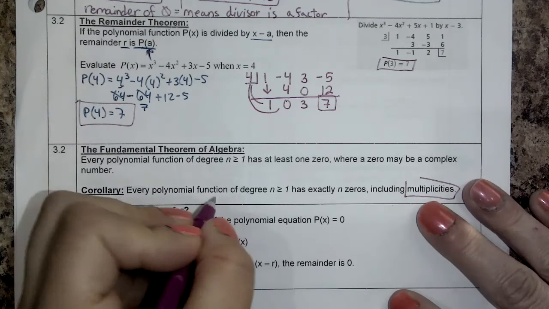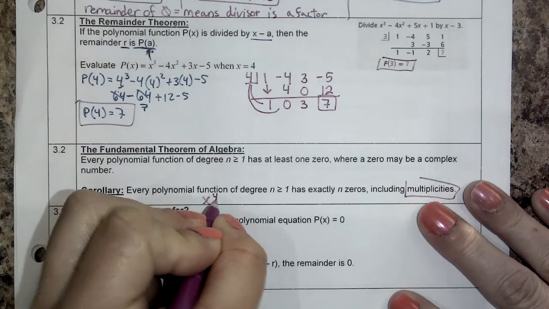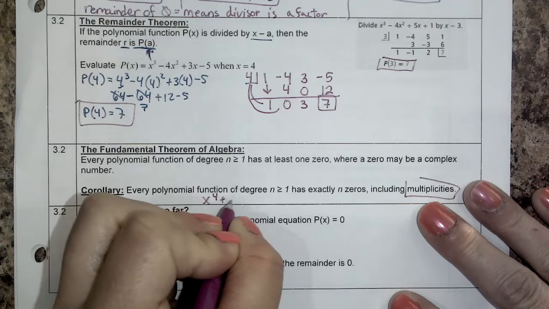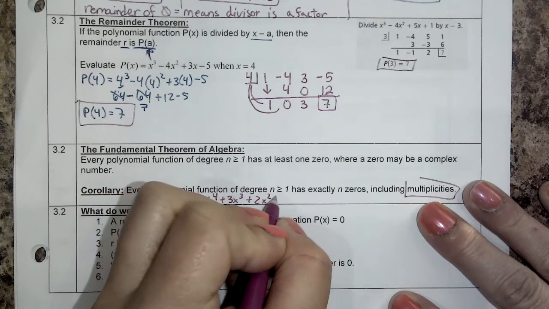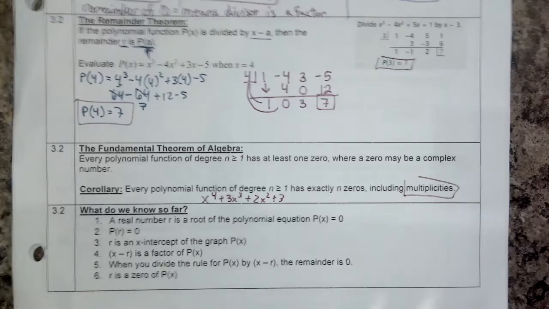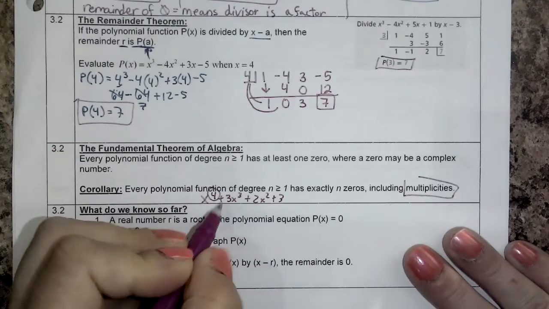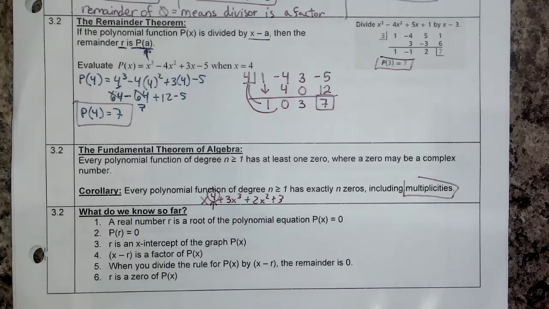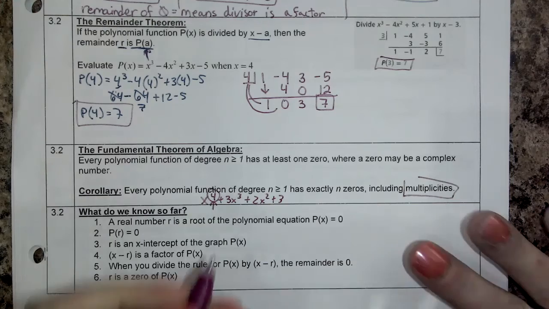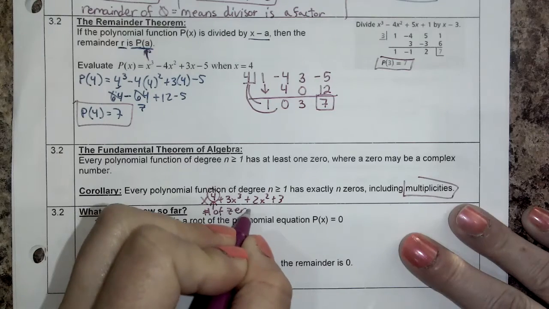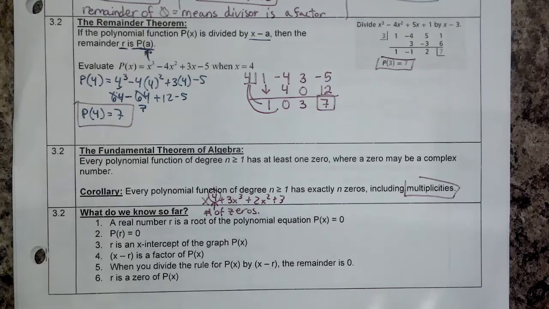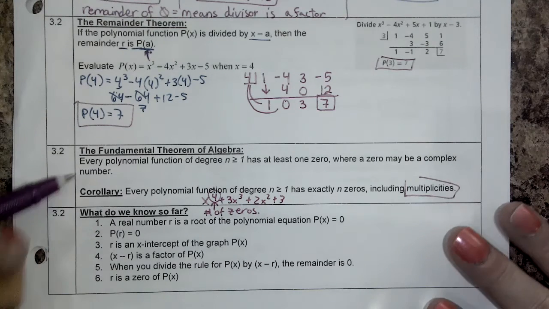But what this means is if I have a function x to the 4th plus 3x cubed plus 2x squared plus, I don't know, 3, whatever. That number right there, the degree of the polynomial, is the number of zeros that this function will have.